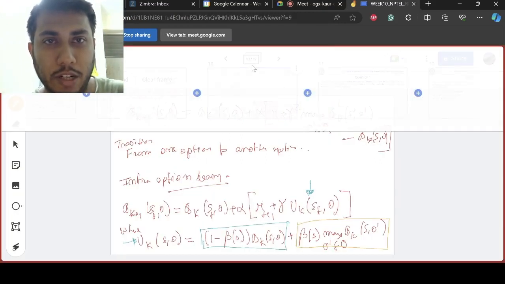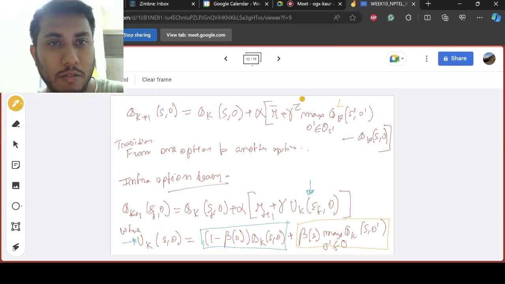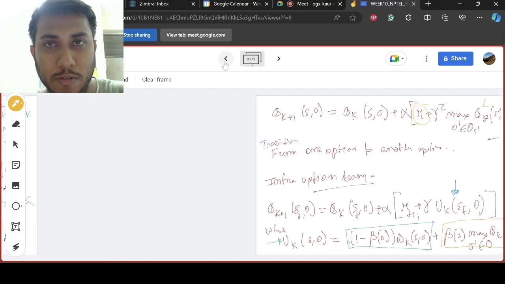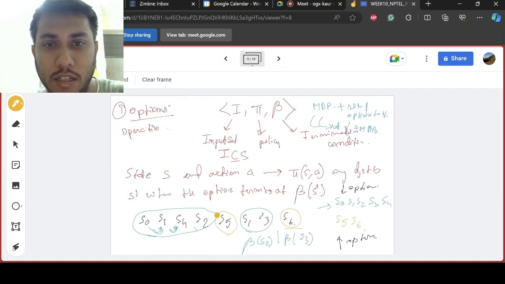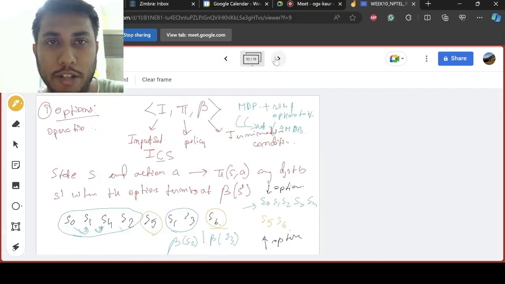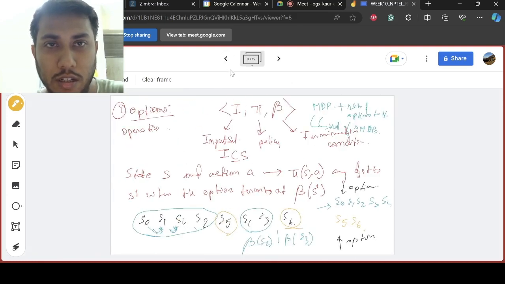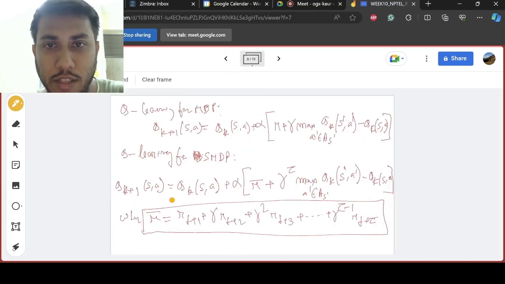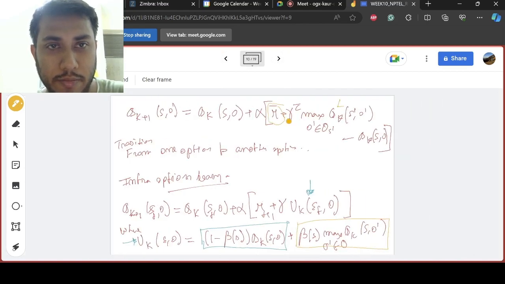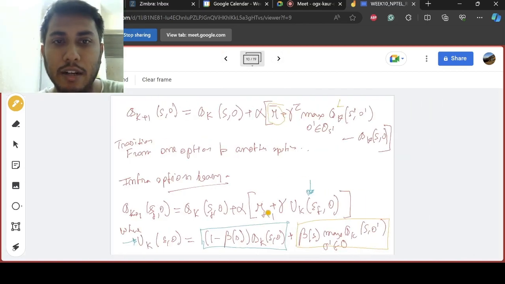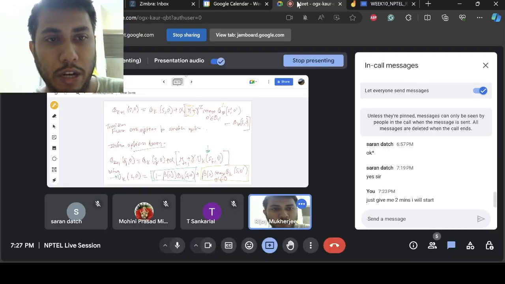This is an SMDP, but what you need to understand is that here we are using this R bar because we are not considering the hops inside it. We are just calculating, using this formula, a rough estimation of the reward inside it, and substituting it here. But here it is not the case.